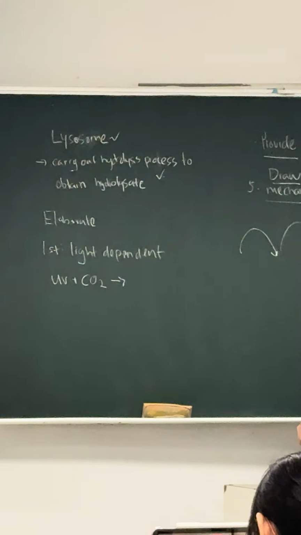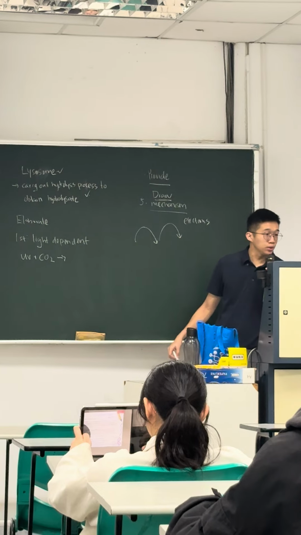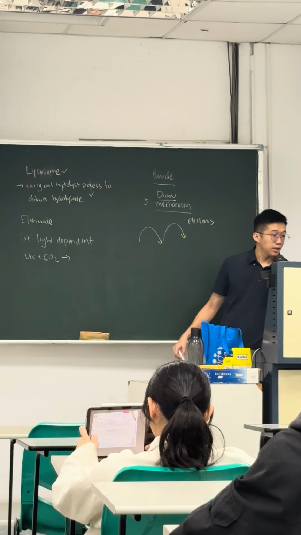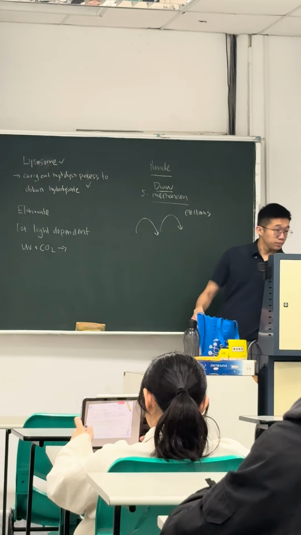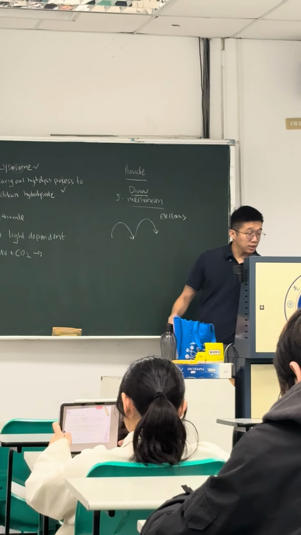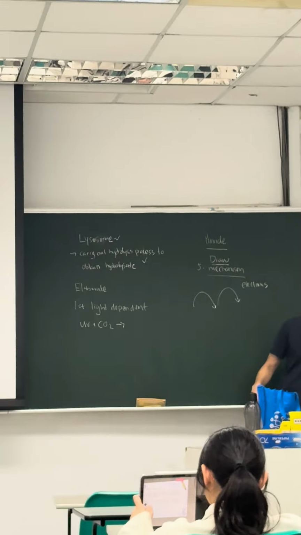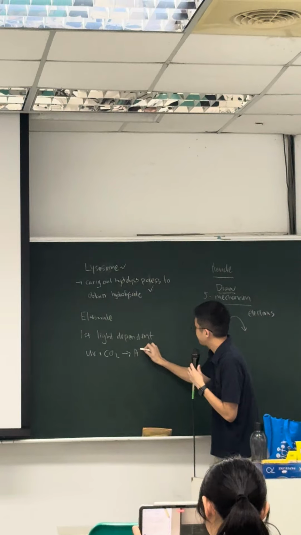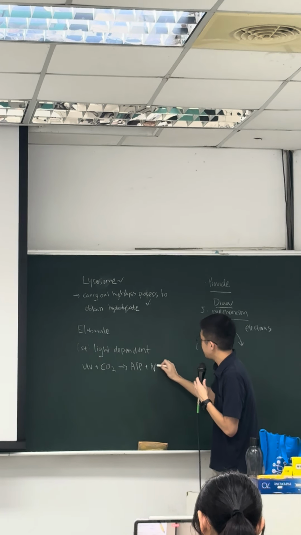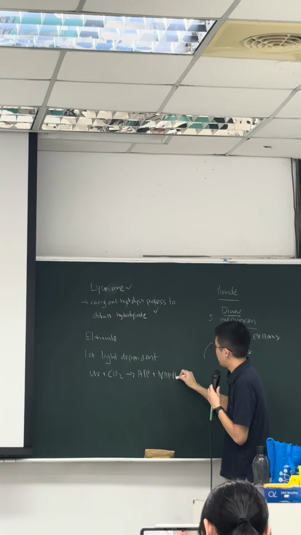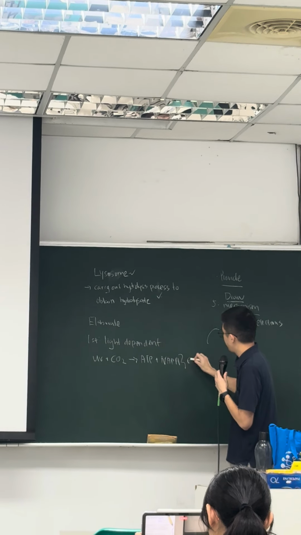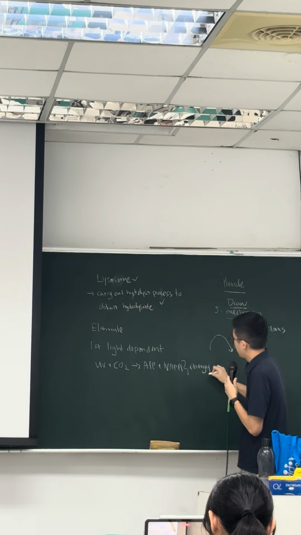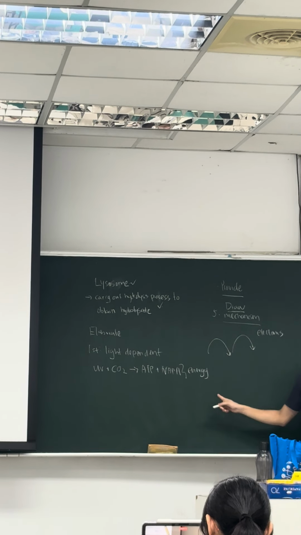Sunlight is captured through chlorophyll and carotenoids and converted into ATP, and carbon dioxide is converted in a process known as carbon fixation. This is formed in the forms of ATP and NADPH. This is in the form of energy, the first stage.